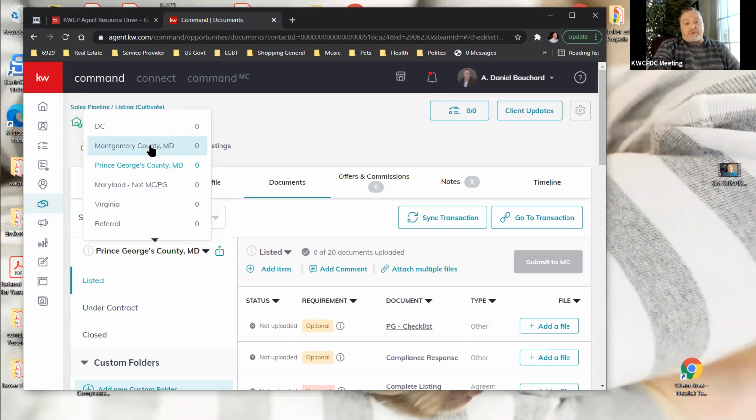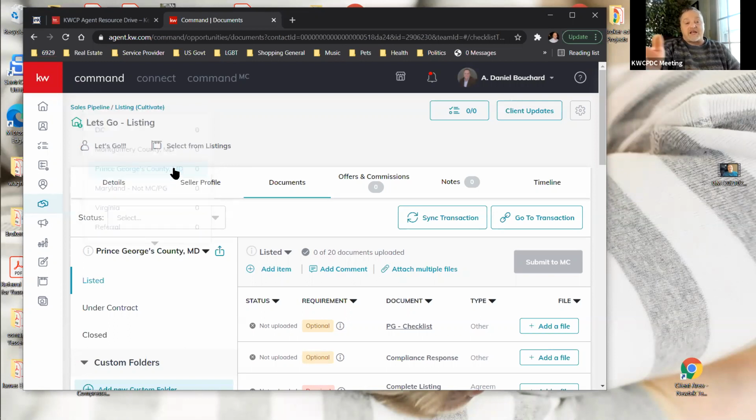Because we're in Maryland, we could be Prince George's County, Montgomery County, or any other county in Maryland. For today's class, we're just going to use Prince George's County as an example. That selects the pool of documents that are accessible to you from your transactions.